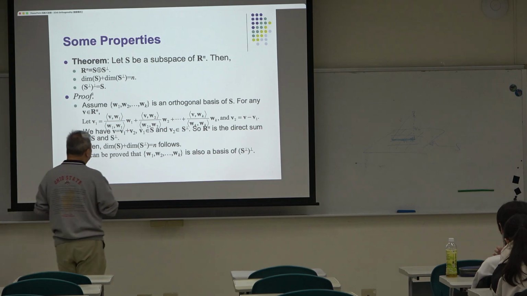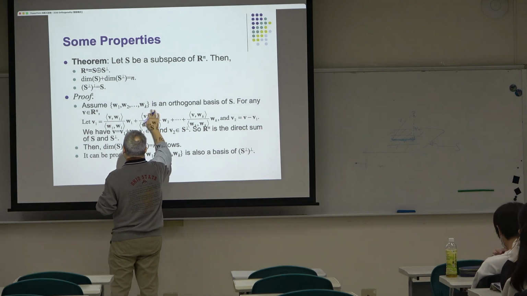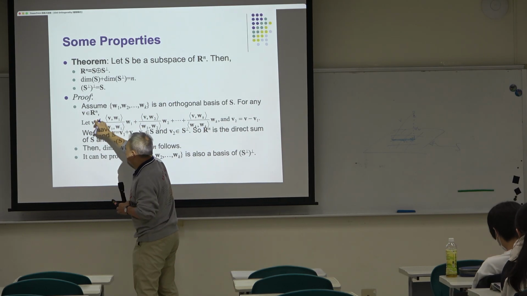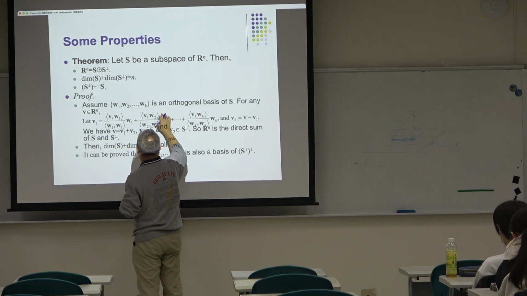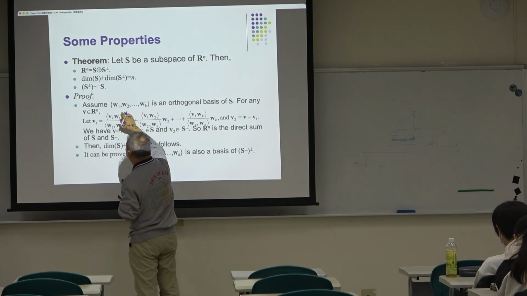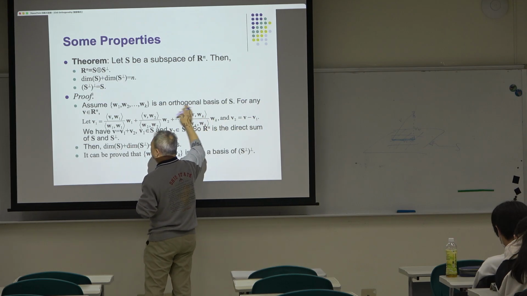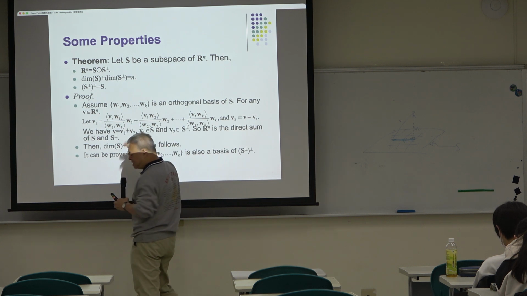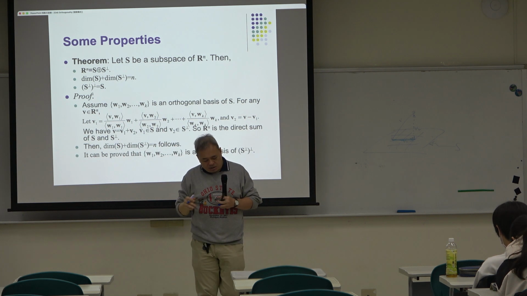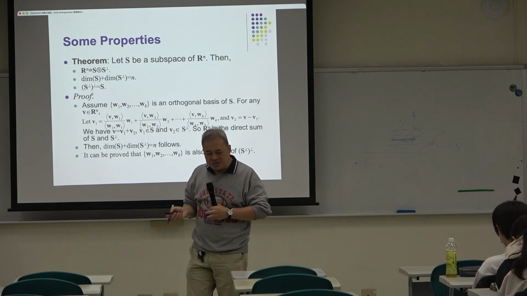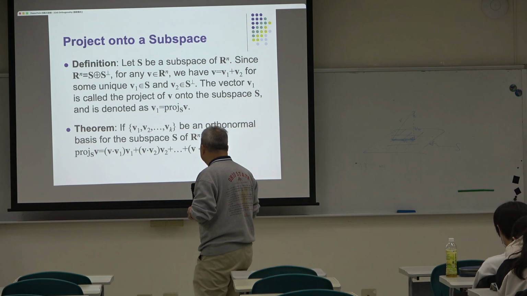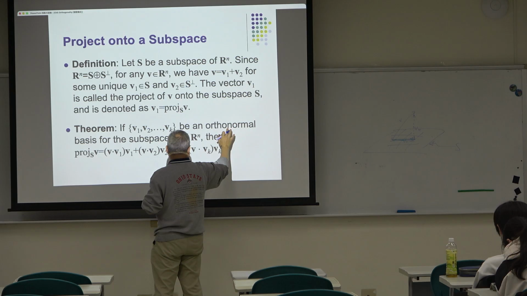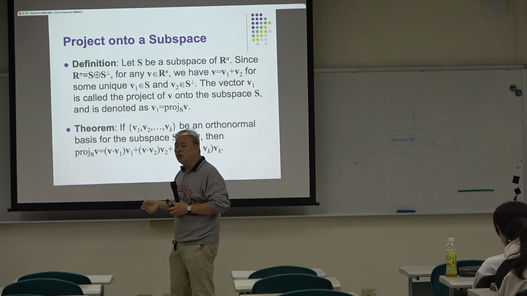If we have an orthogonal basis, like W1 to WK, then this V1 is in S, because this is a linear combination of bases in S. If we go one step further, let V1 to Vk be an orthonormal basis. What is an orthonormal basis?